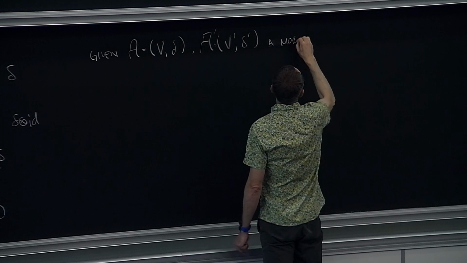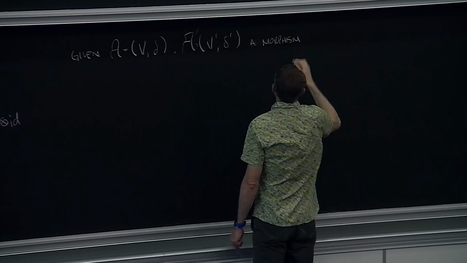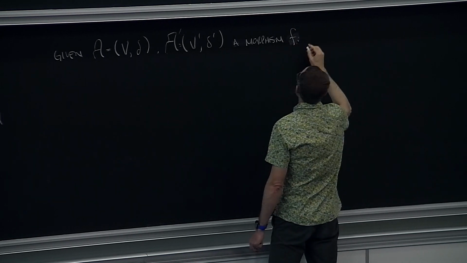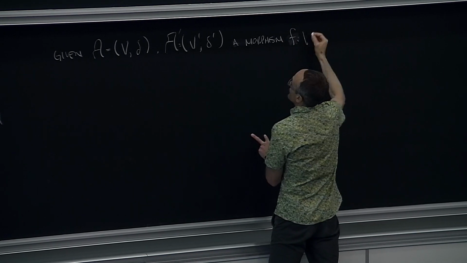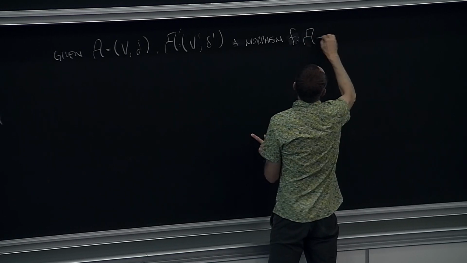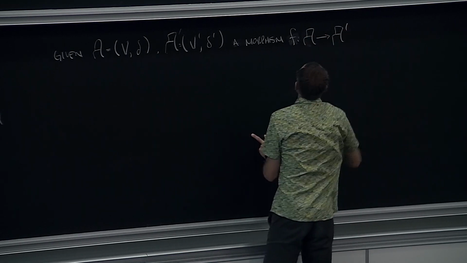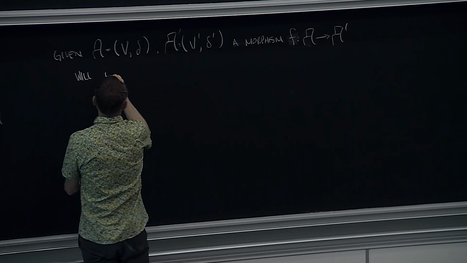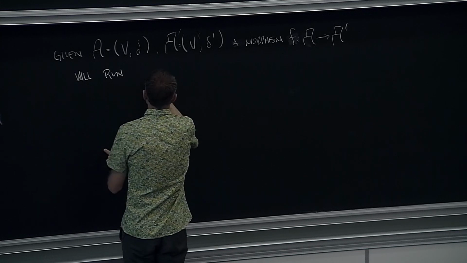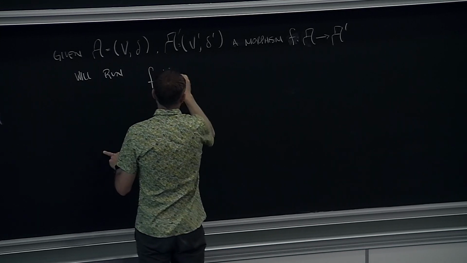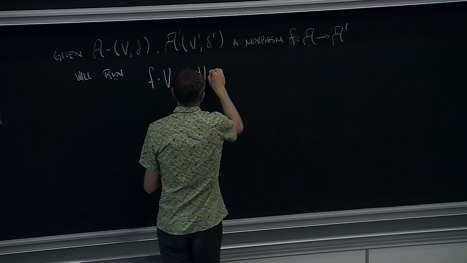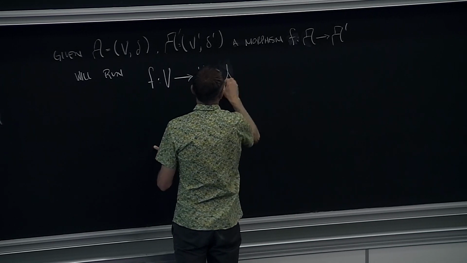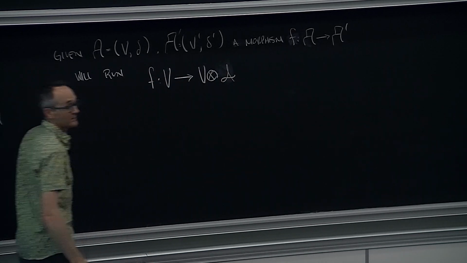A morphism from, let's say, A to A prime will run actually from F. I should still see copies of the algebra being sent out to one side of it.